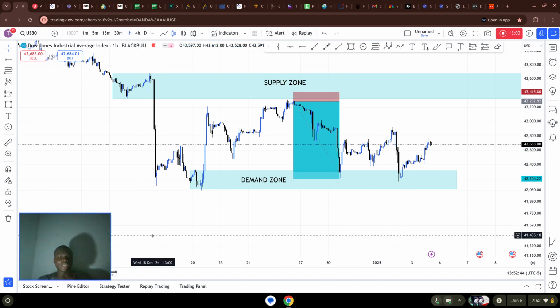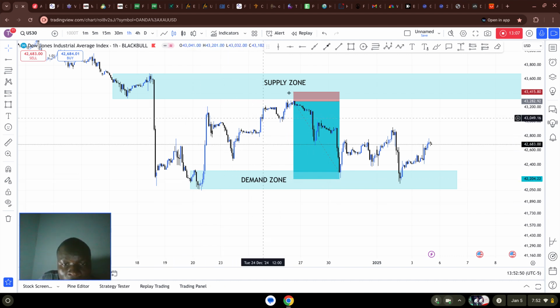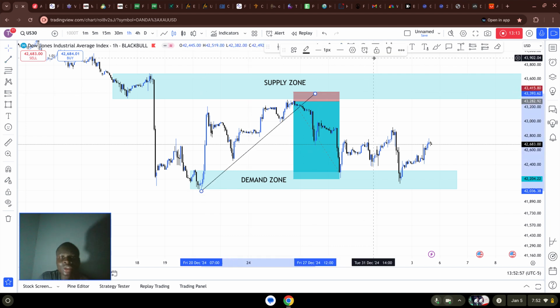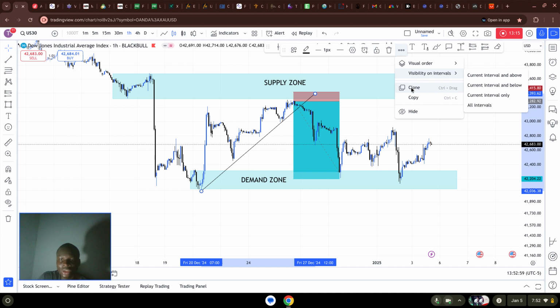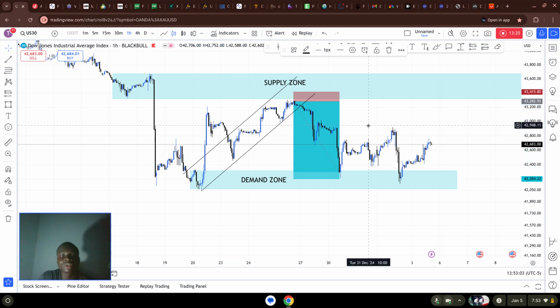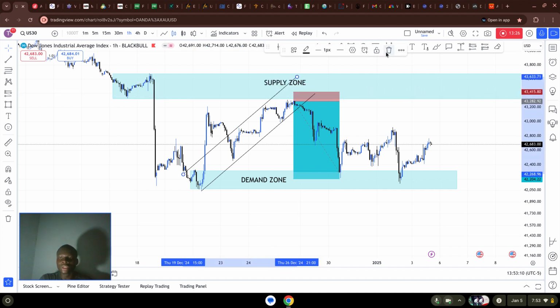And also we have a consolidation. The market broke out. This is a trend on its own, right? It's another trend that we are seeing here.